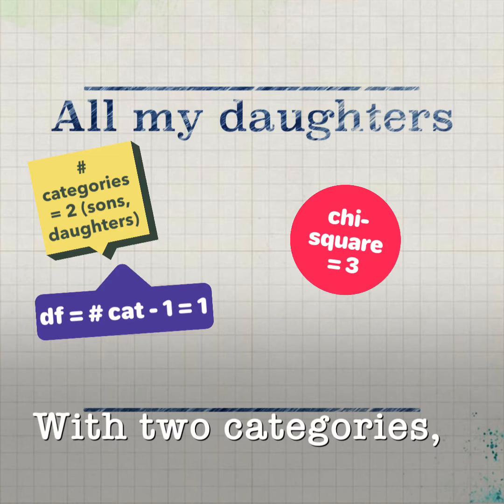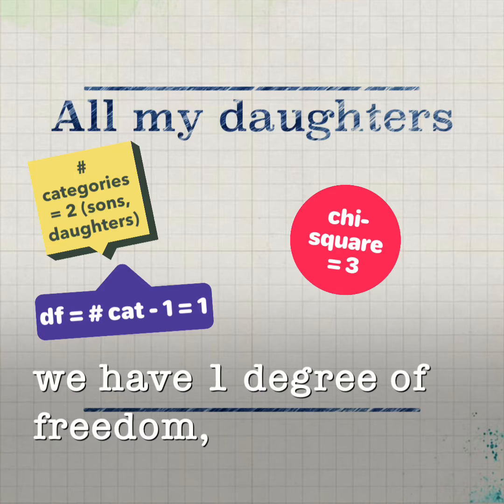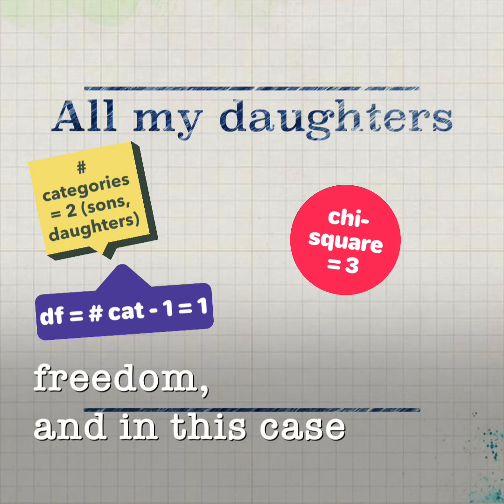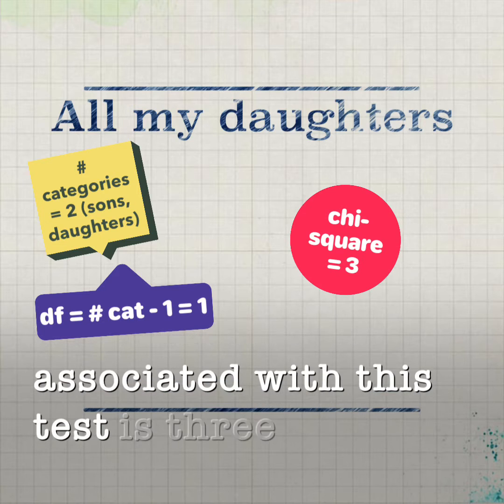With 2 categories, sons and daughters, we have 1 degree of freedom. And in this case, the chi-square value associated with this test is 3.